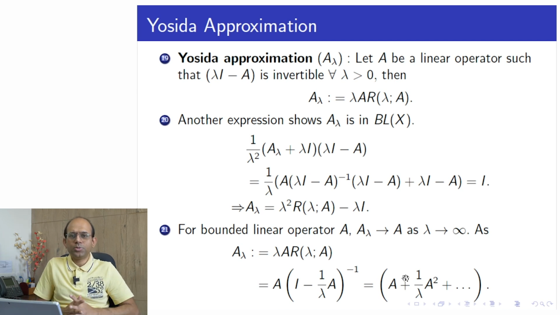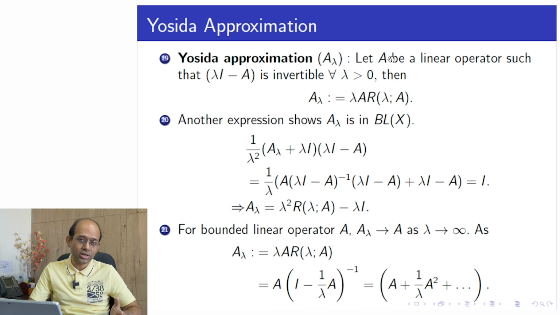However, this proof is pretty simple and intuitive, but in the actual case, this Yoshida approximation works even if A is not a bounded linear operator. But then this approximation is surely not in the operator norm sense, but in the pointwise sense.